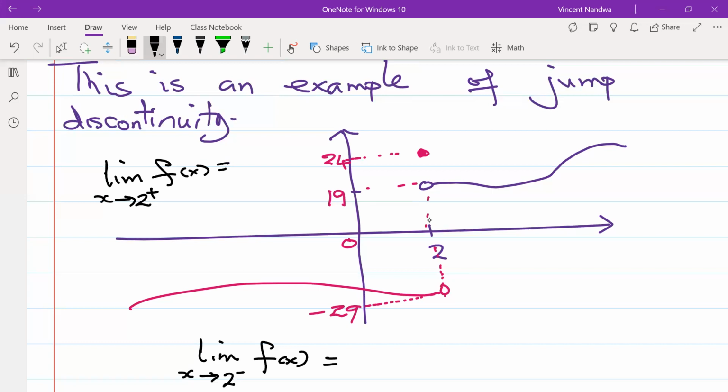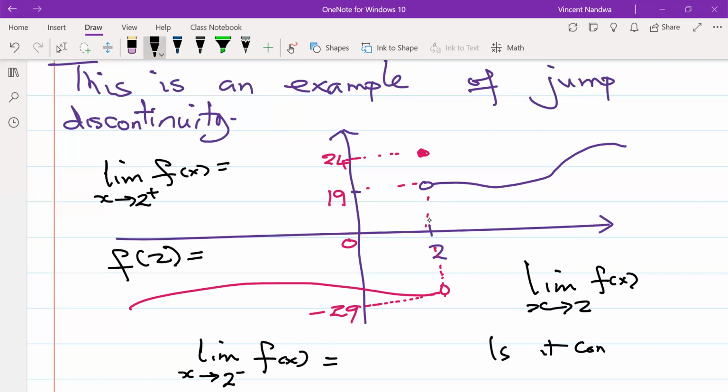And another question, what is the value of the function at 2? And what is the limit of the function as x approaches 2? Is it continuous at x equals 2?